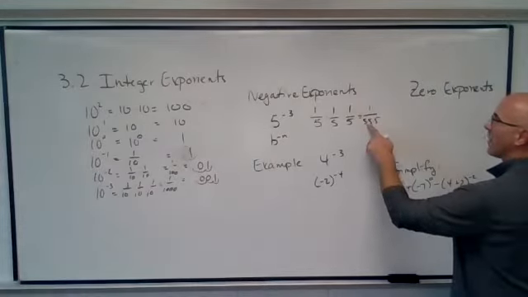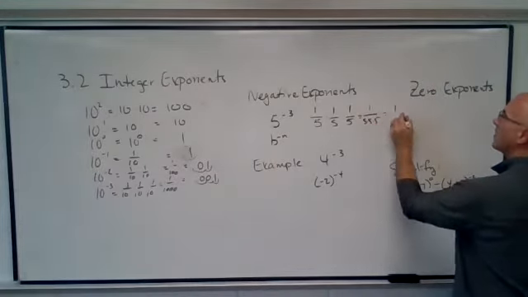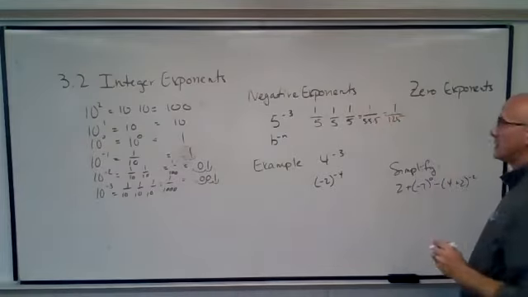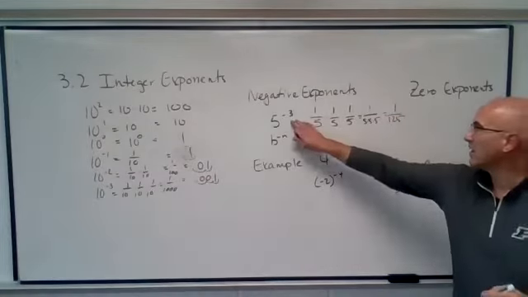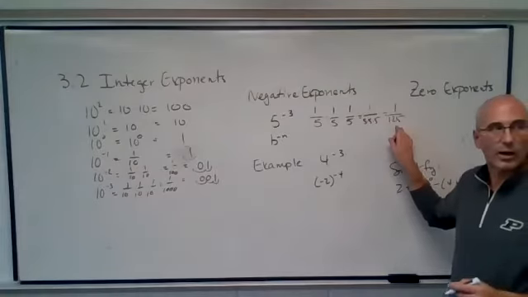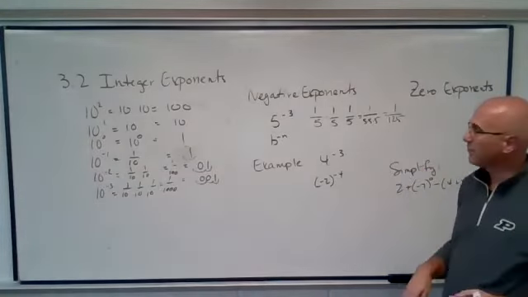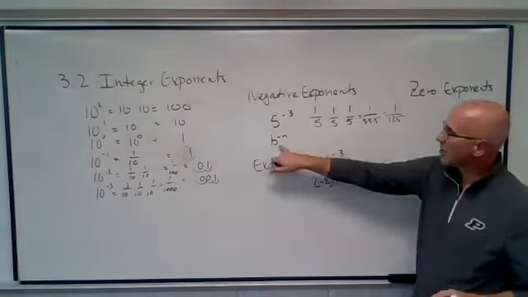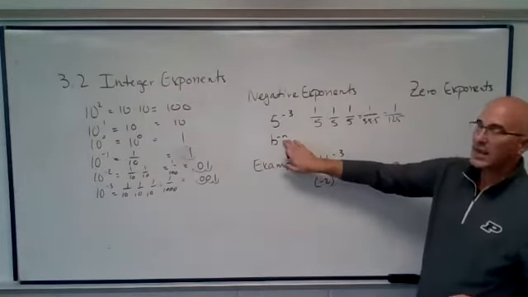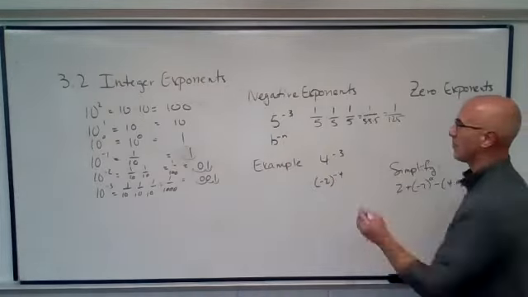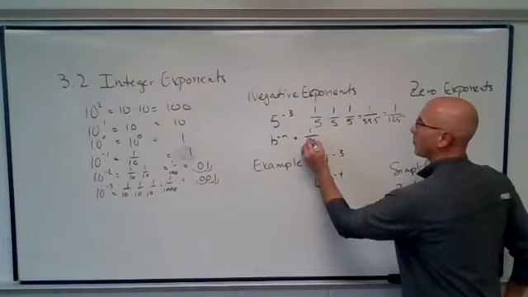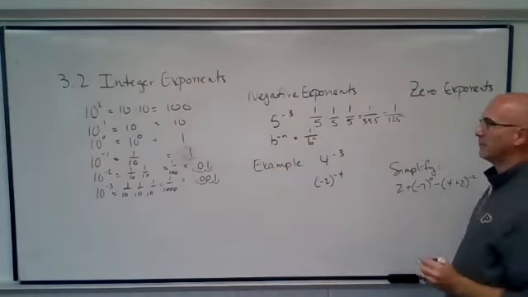Okay, so 5 times 5 times 5 is 125. So 5 to the negative third is 1 over 125. So in general, b to the negative n, a negative exponent, is 1 over b to the n.